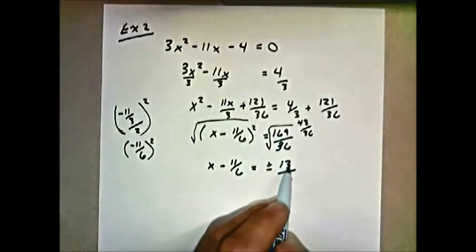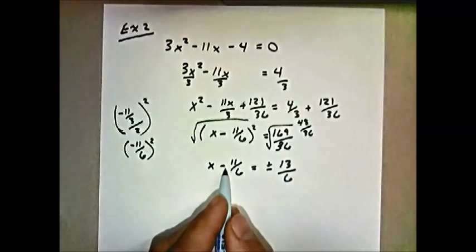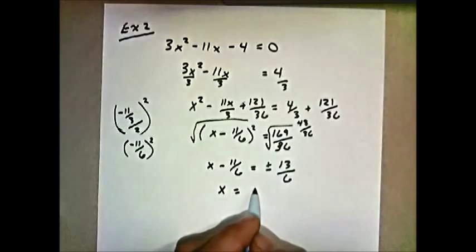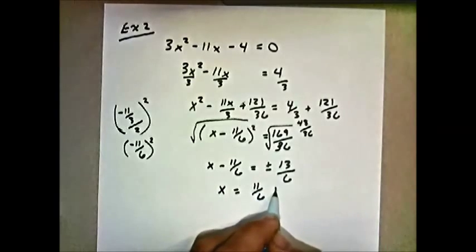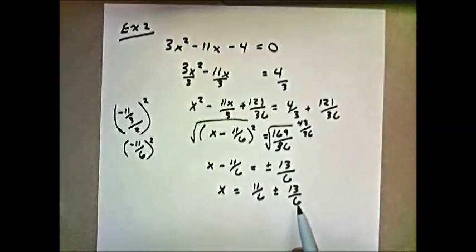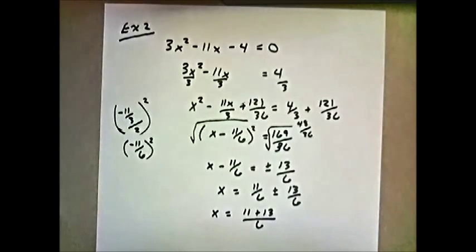Square root of 169 is 13. Square root of 36 is 6. Add 11/6 to both sides. So we get x equals 11/6 plus or minus 13/6. Notice my two denominators are the same again. So I can combine my top, and I get x equals 11 plus 13 over 6.